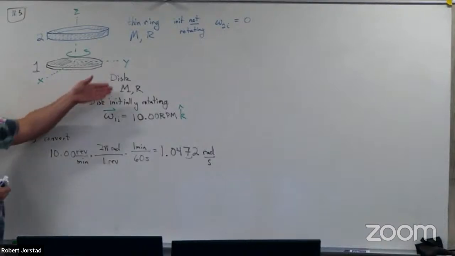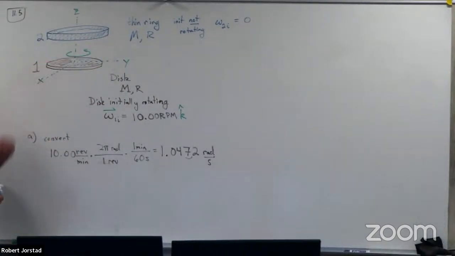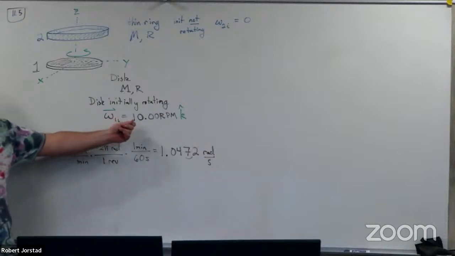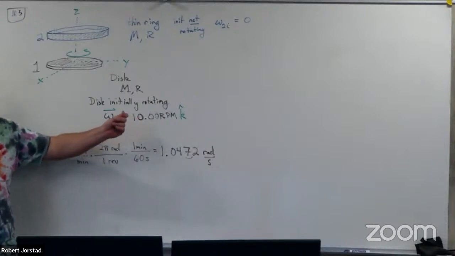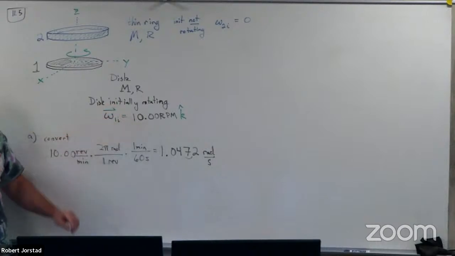They have the same mass, the same radius. When you drop it on top of there, what do you think should happen to the RPM? In particular, if you drop that same mass on there, do you think it's going to cut the RPM in half, cut it by less than half, or cut it by more than half? What's your gut tell you? Is it going to be 5, more than 5, or less than 5 RPM after it falls on there? What do you think?